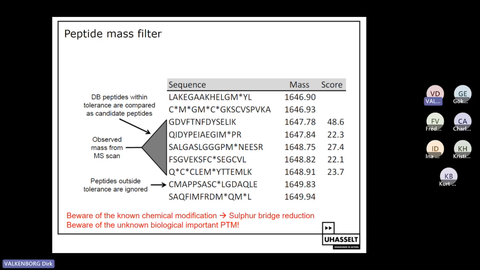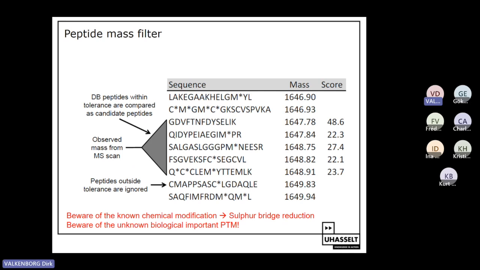We can mimic that on the computer as well, because we know the mass of the peptide that is being fragmented. So it is of no use to us to consider all the peptides in our peptide database as a candidate for that spectrum. No, we can limit our search, and that's interesting.